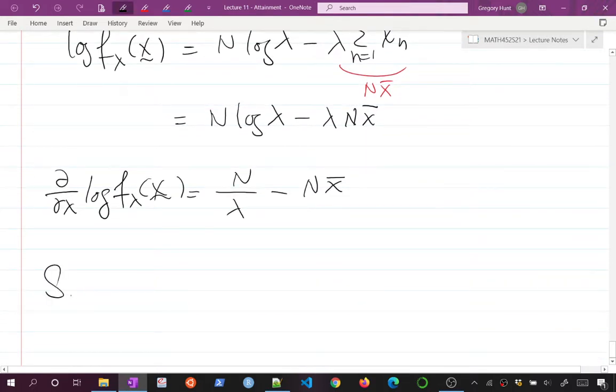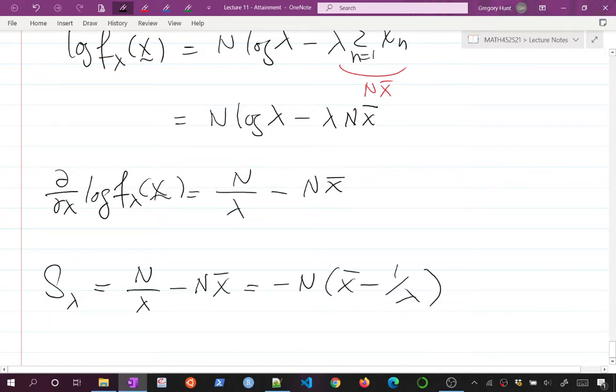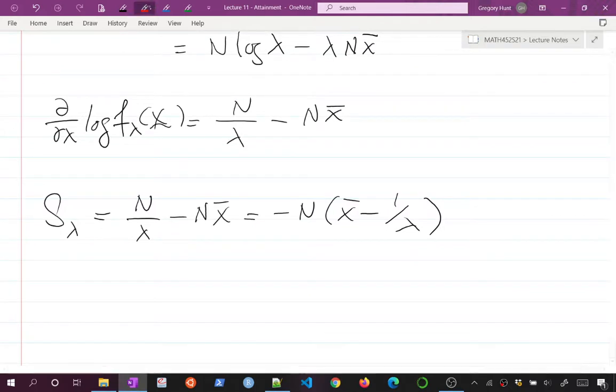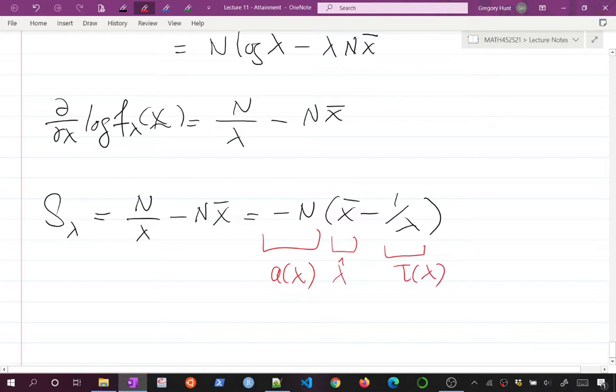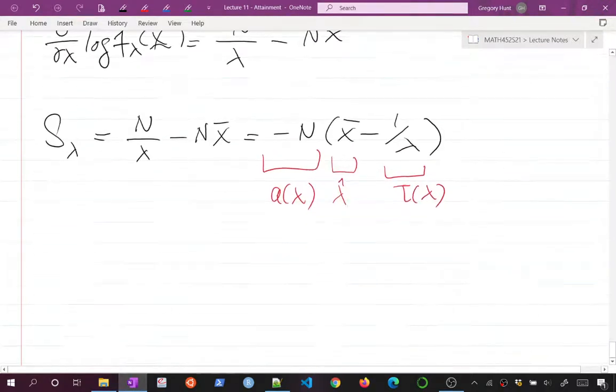So my score, which depends on my unknown parameter lambda, is n over lambda minus n x bar, which again, pretty simply, if I take out a negative n out front, I'll get x bar minus 1 over lambda. And Bob's your uncle, this is how it works. This is a of lambda, doesn't actually depend on lambda. This is lambda hat, and this is what we're calling tau of lambda, or maybe we didn't call it that, but you could. Yeah, we did call it that, right?